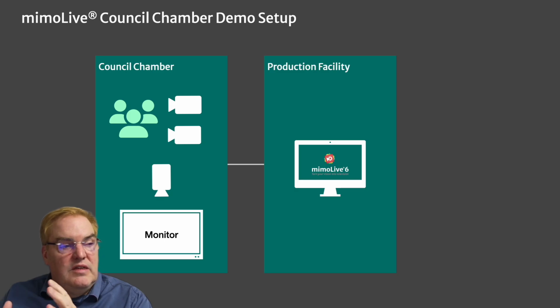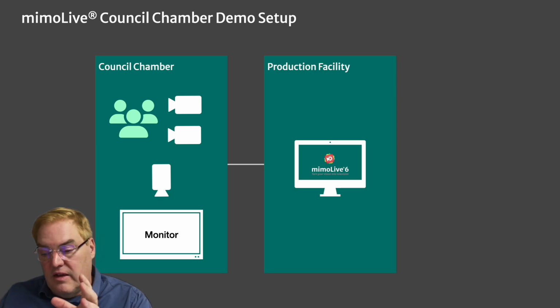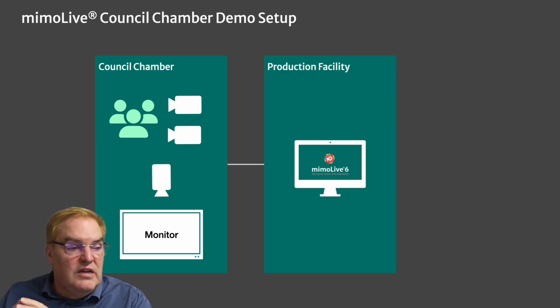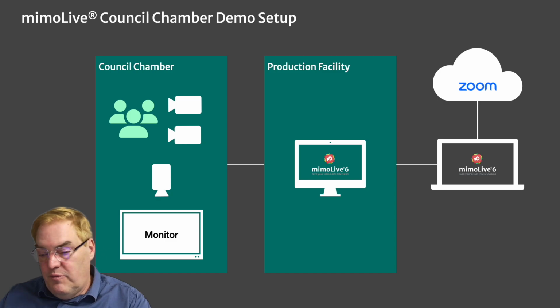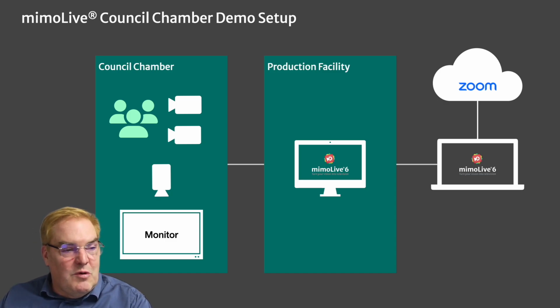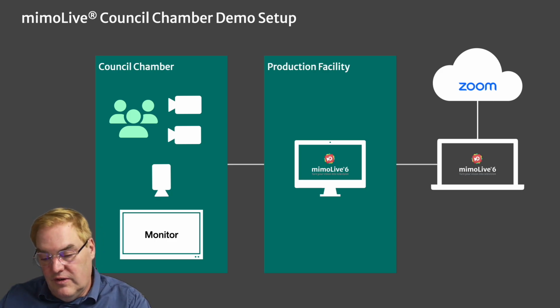The Mac on the production facility has access to all the cameras in the council chamber, and we can send video down to the monitor in the council chamber. I have been doing this from my home office, connected to the production facility using remote production, and I'm sending part of the video I get to Zoom so you can follow along. So this is what the demo was about.